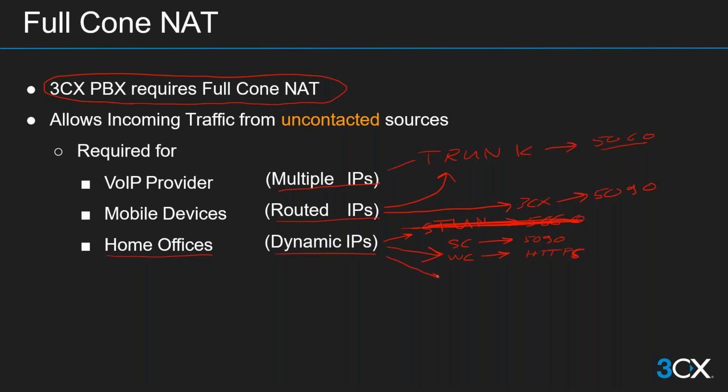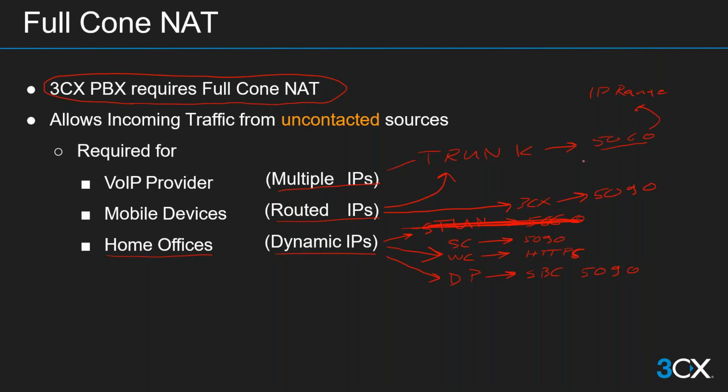And then we have desk phones, so DP, use an SBC phone, 5090. Okay, so there's only the trunks who require 5060 when we do a proper setup. Therefore, we don't really need a full Cone NAT because we lock down the IP range of the provider.